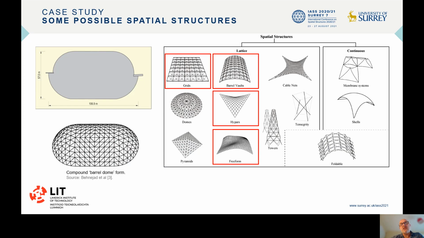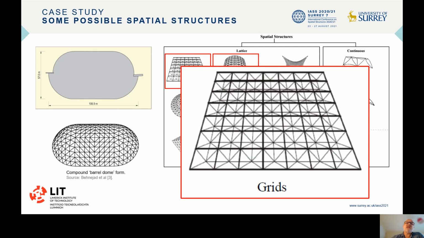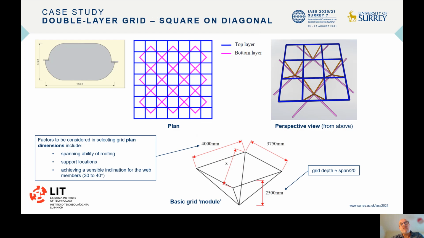So the case study goes on to look at different spatial structure solutions that might have been adopted instead of the conventional solution, and then it takes one of these, i.e. a flat grid, and goes into more detail in terms of analysing and designing a grid for the roof structure.